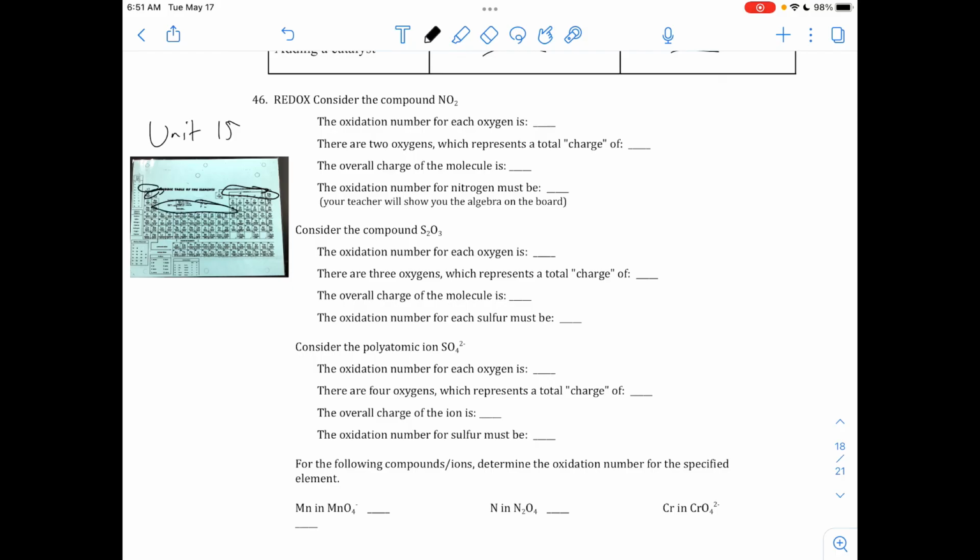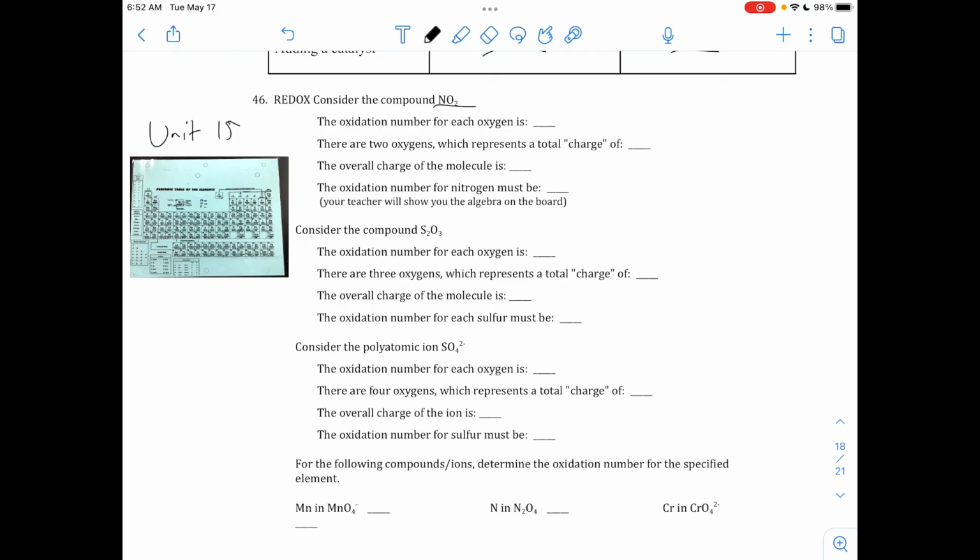Transition metals don't have a charge, so we have to look at what's connected to them to determine their oxidation number. And then we always go with oxygen and hydrogen first, along with halogens. Technically, the rule is whatever has the highest electronegativity takes the oxidation number. So basically, the negative anion usually takes precedence.